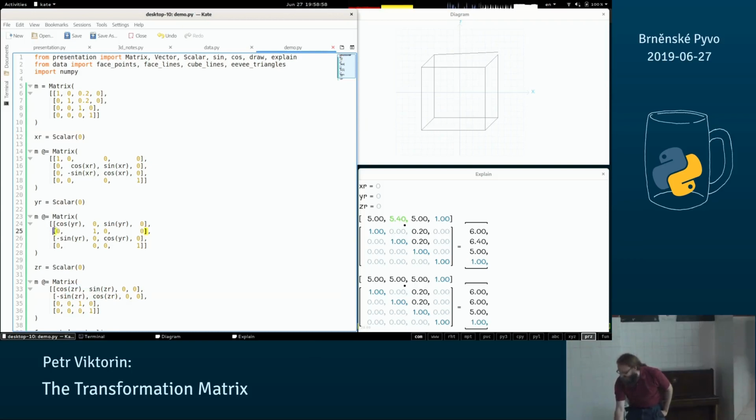So they always leave one of the axes unchanged. This is rotating along the y-axis, so everything along the y-axis stays unchanged. That's this little cross here. That's unchanged. The same here for the x. Same here for the z.